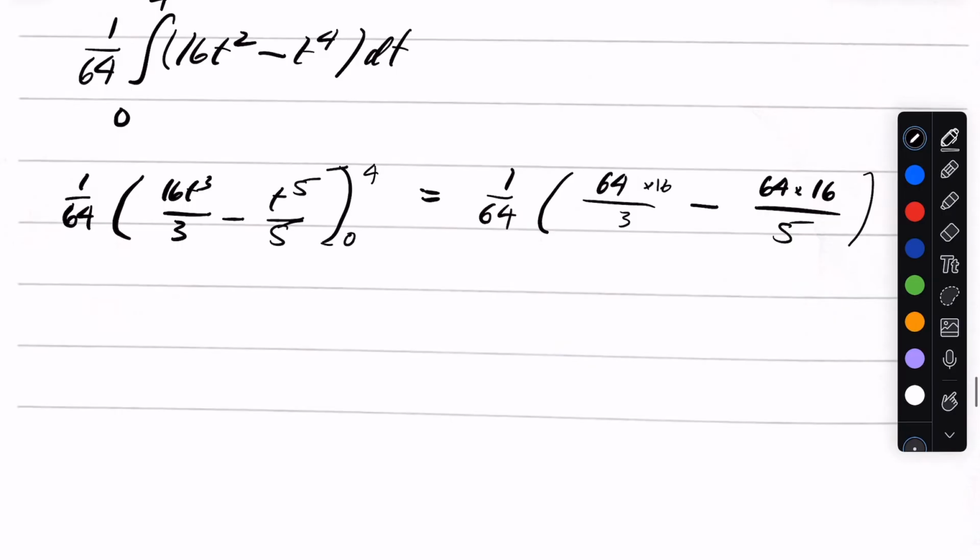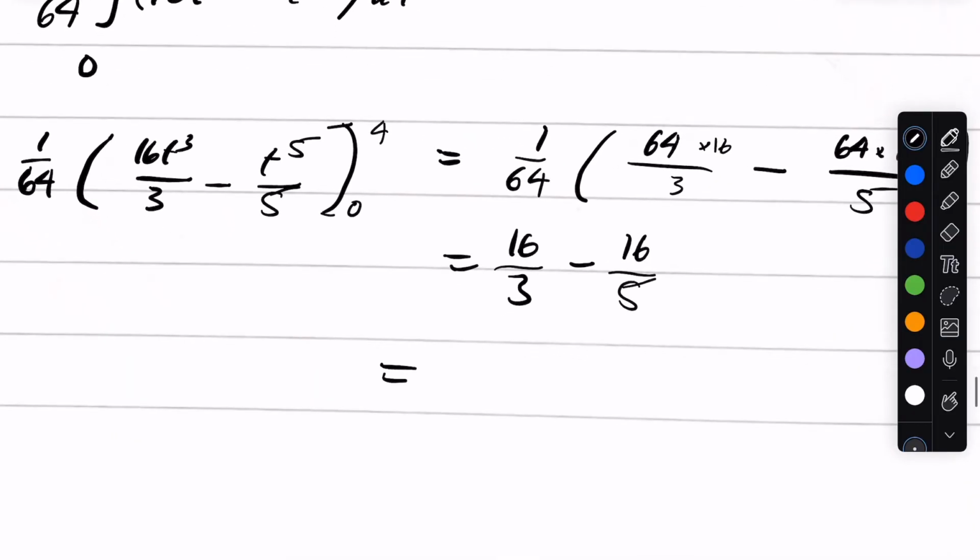So here, the 1 on 64 cancels, and it's 16 on 3 minus 16 on 5. Common denominator is 15. So 16 times 5 is 80, minus 48 over 5 is 32 on 5, I think.